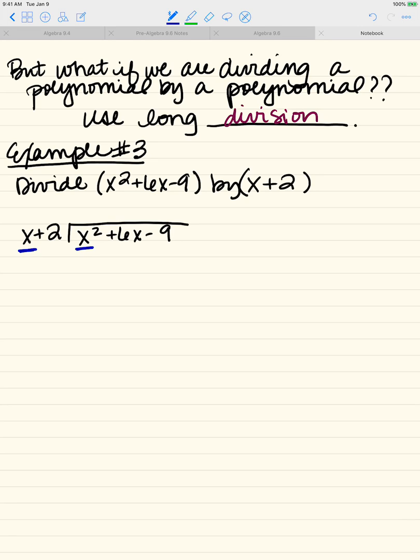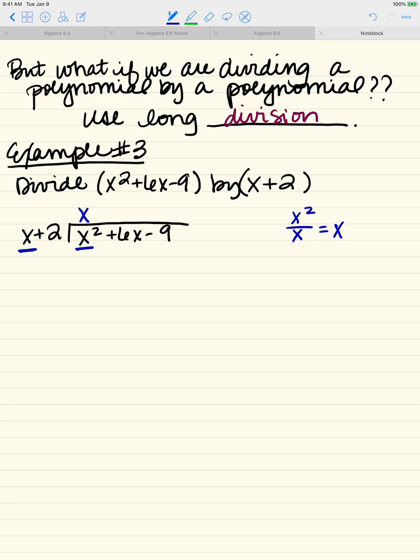So we're going to say, what is x squared divided by x? That's just x to the 2 minus 1, so that is x. You write that x over the x squared in the quotient.